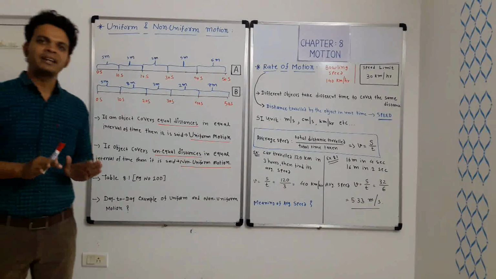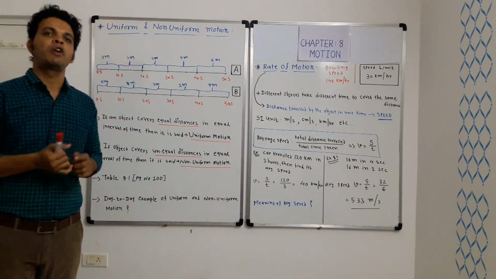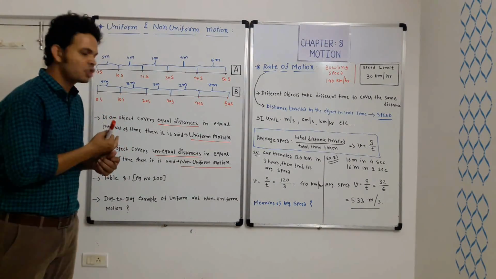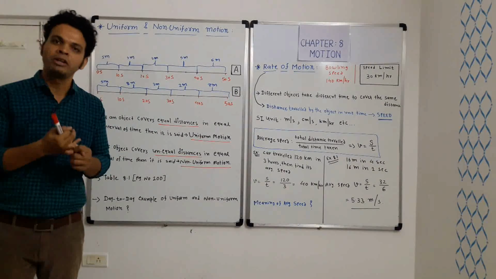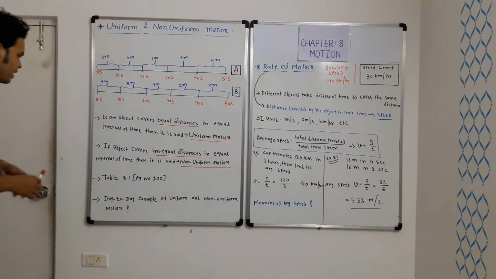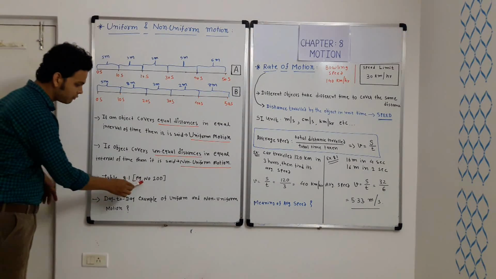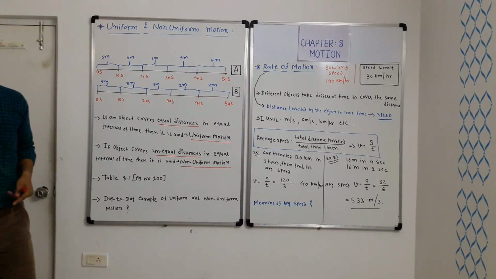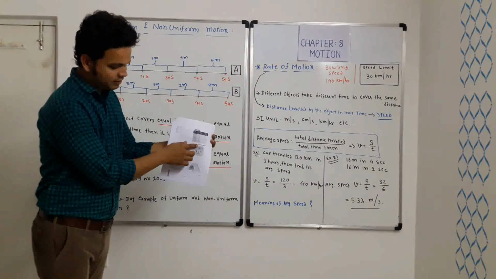So is that clear? Is it understandable how we can define uniform motion and non-uniform motion? You can take the example of your table 8.1, which is given on page number 100. Here it is.